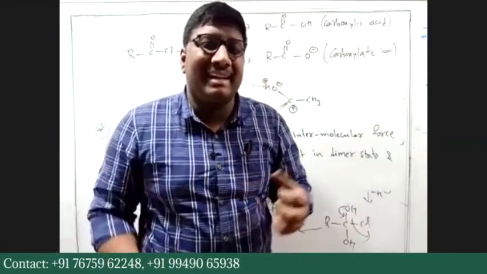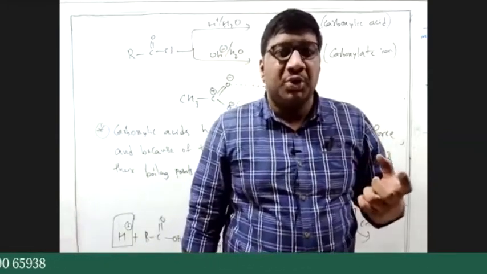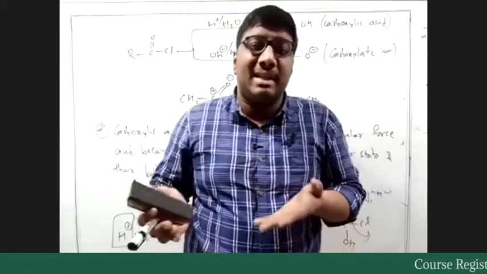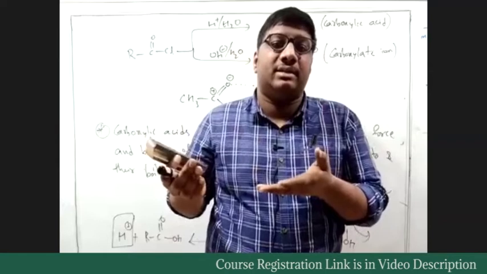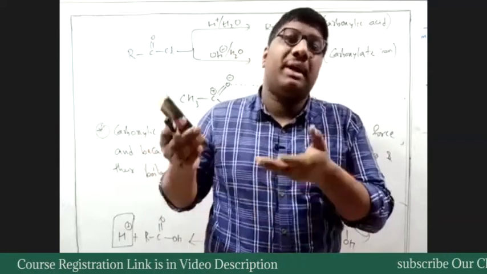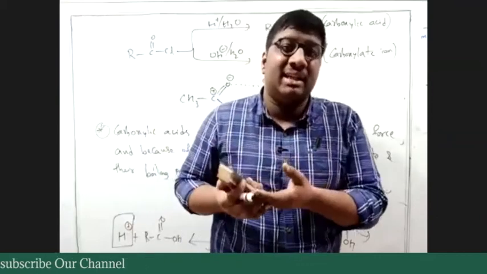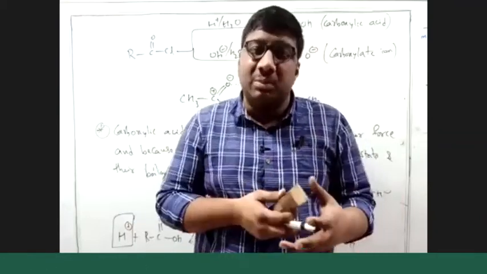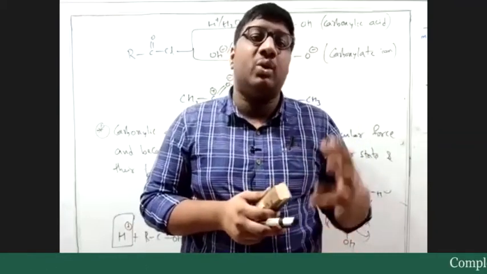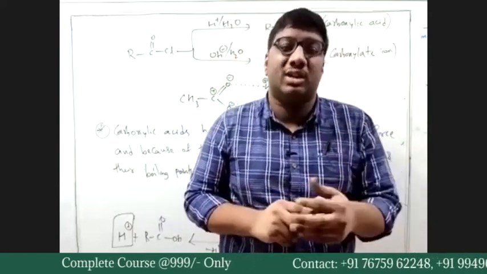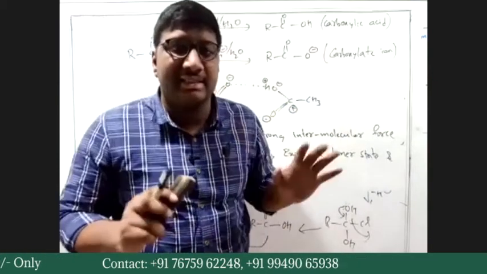Polarity exists only in the COOH group. So when you increase the chain, you are increasing the hydrophobic part. When the hydrophobic part is increased, it is not practically possible to have good solubility of higher carboxylic acids in water. Are you getting this or not?